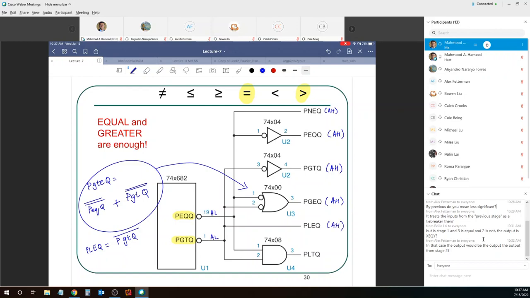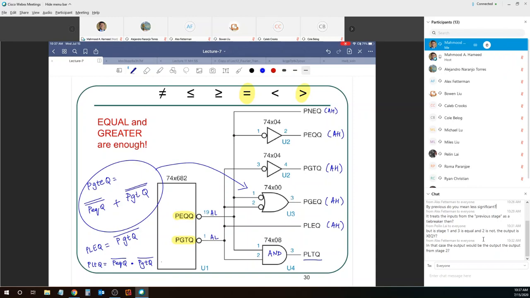And for P less than Q, you take the two outputs, P equal to Q complemented, and AND it with P greater than Q complemented. So I can write that as P less than Q equals P equal to Q, which was in active low format, and P greater than Q, which was also in active low format.